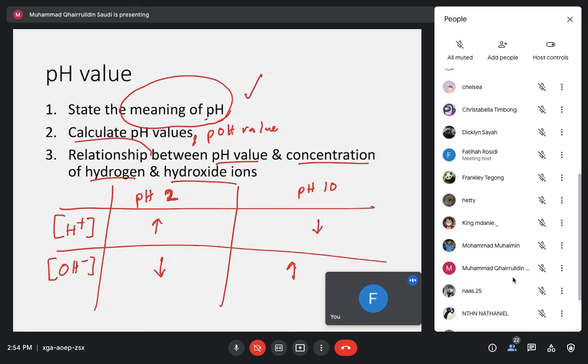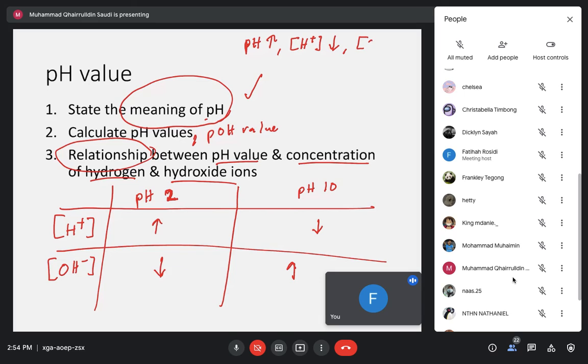So, this is the relationship between pH value. As pH value increase, the concentration of hydrogen ion increase or decrease? Yes, concentration of hydrogen ion decrease.